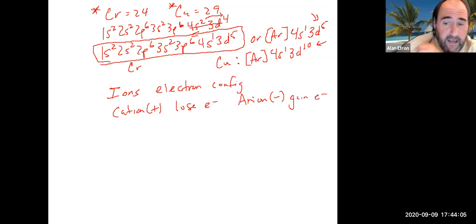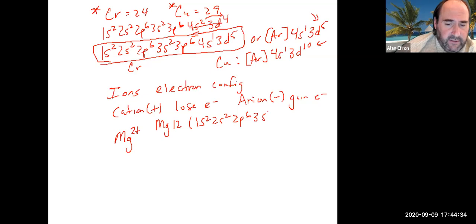So when you have things that lose or gain electrons, you have to take that into account in your electron configuration. For example, if we had magnesium with a +2 charge, that means it actually lost 2 electrons. Normal magnesium with no charge would have 12 electrons, which would be 1s2, 2s2, 2p6, 3s2.